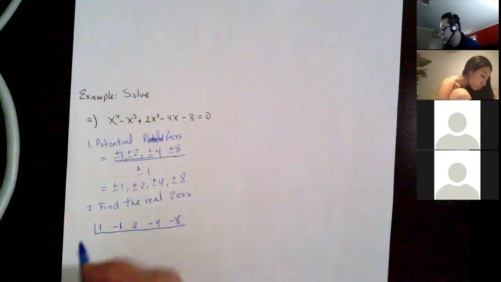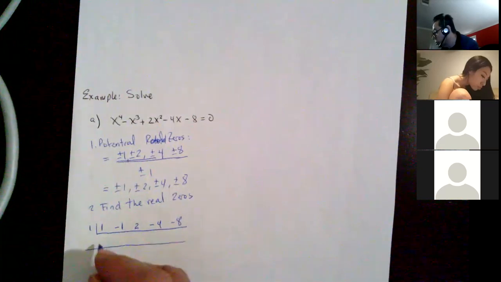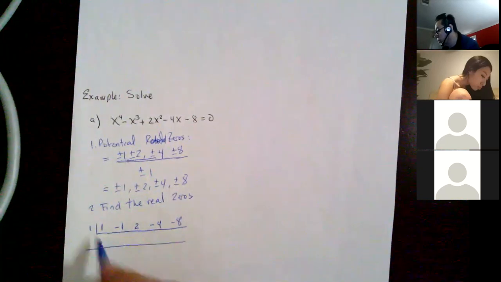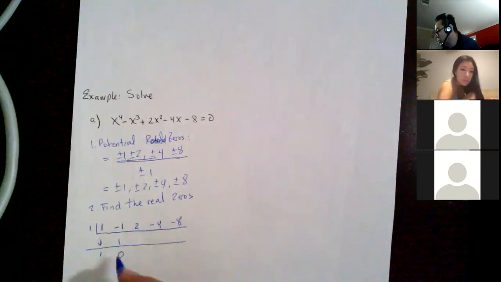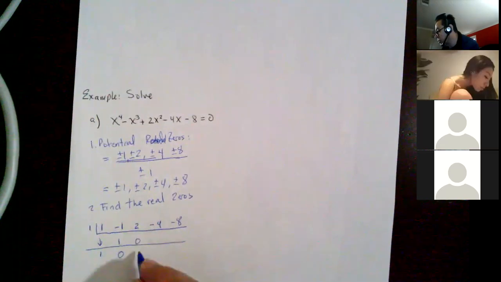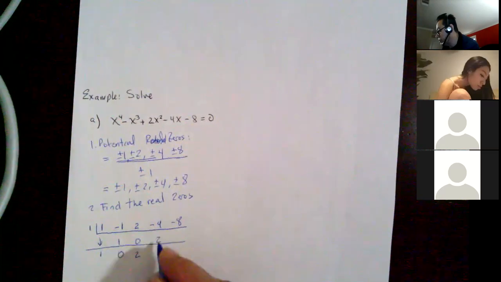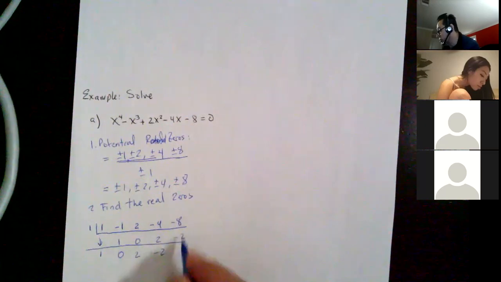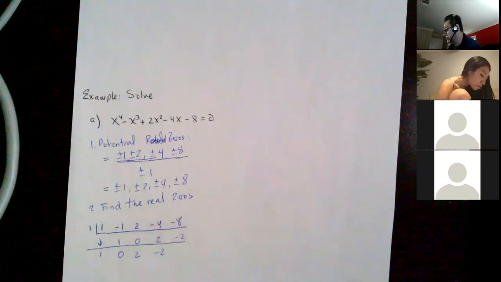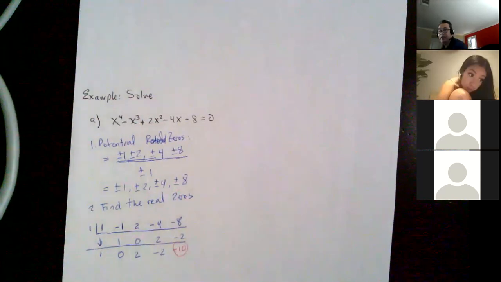So let's start with 1 and see if it works. 1 times 1 is 1. -1 plus 1 is 0. 1 times 0 is 0. 2 plus 0 is 2. 1 times 2 is 2. -4 plus 2 is -2. 1 times -2 is -2. And this is -10. Notice, it does not work for 1. All right.